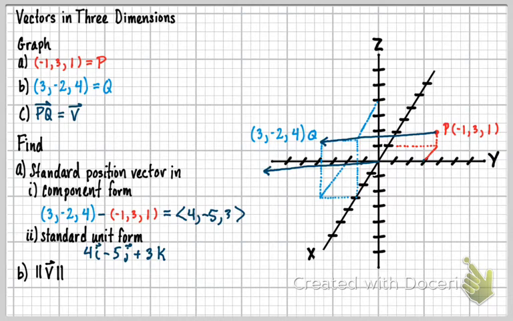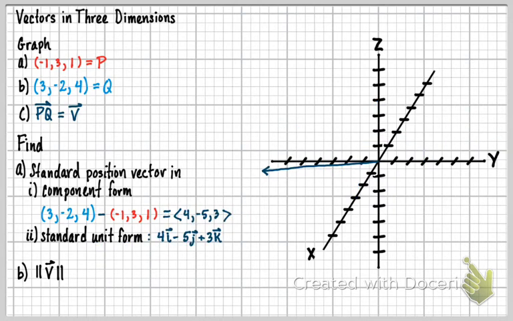Now I'm actually just going to get rid of everything else because it's a little bit of noise. And I want you to see what happens here. And we know this point out here is going to be that 4, negative 5, 3, which is this vector right here. So that's how far that point's going to go out, because remember, now our initial point is at the origin, because that's what we did.